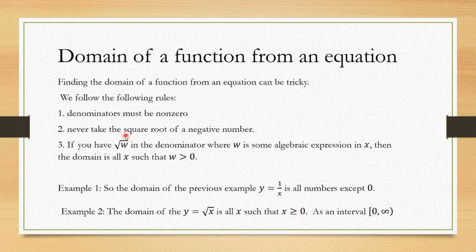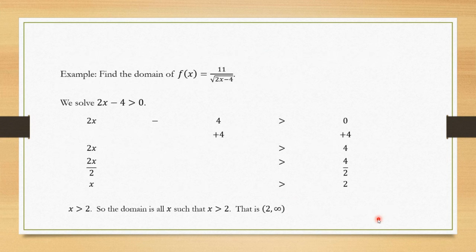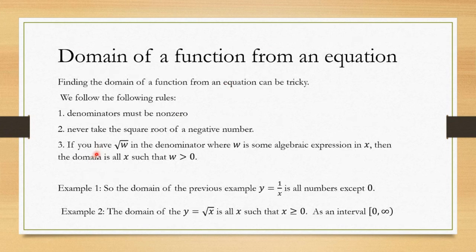Number 2, we never take the square root of a negative number. That's what I'm doing here. Excuse me, we're finding the domain, so that does not happen. Okay? So the domain is all x such that this is true. Or as an interval, we have this.